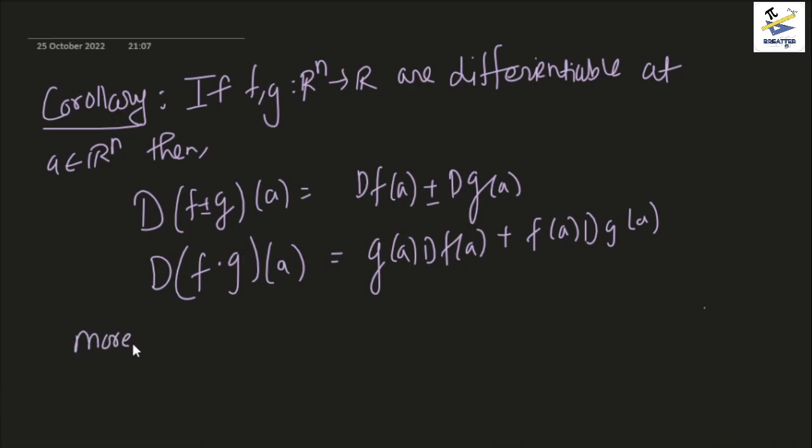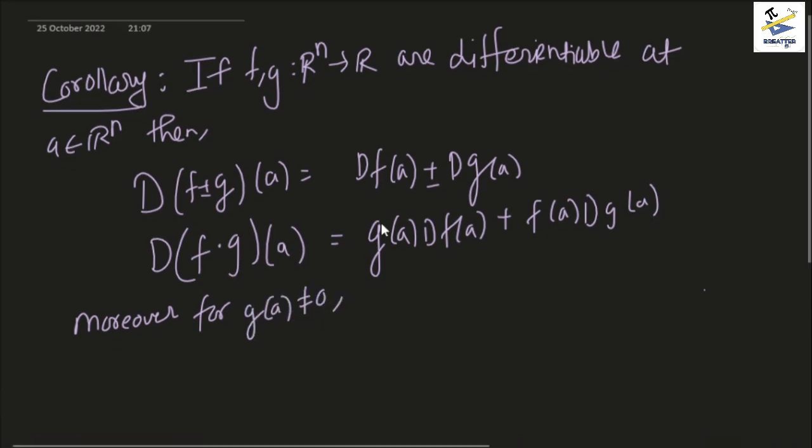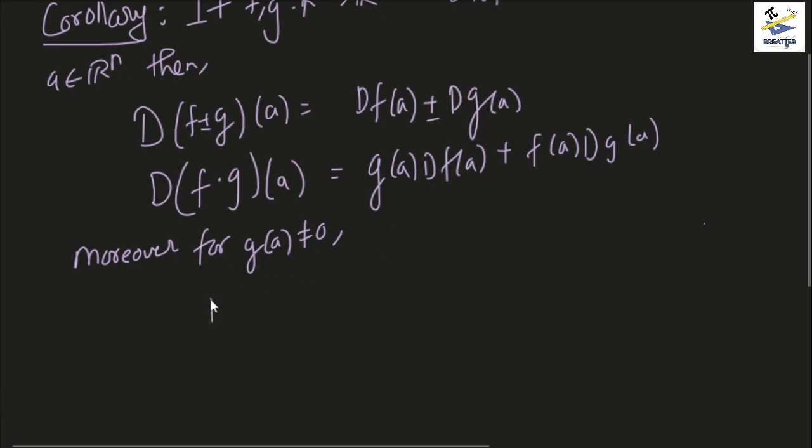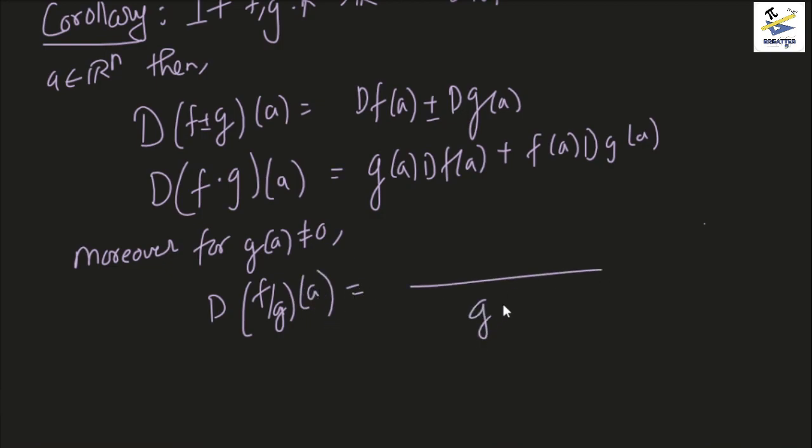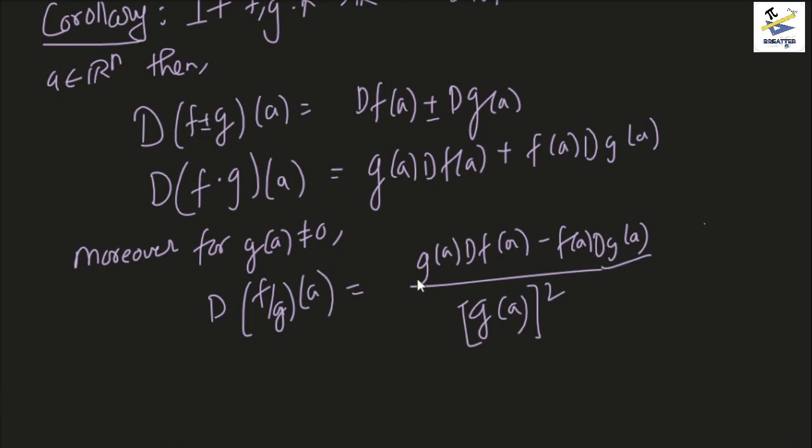Moreover, if g of a is not equal to 0, we can also define the division as before, like this. We can find g of a whole squared, and we can write g of a into df of a minus f of a into dg of a. So this would give us the rule for the differentiation.